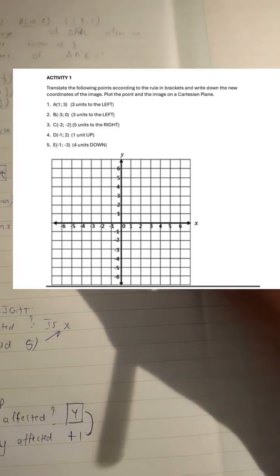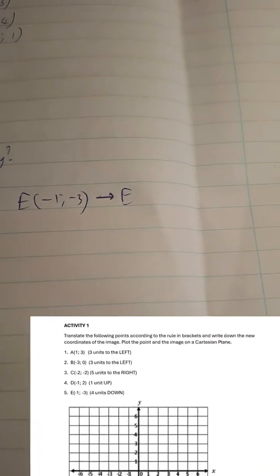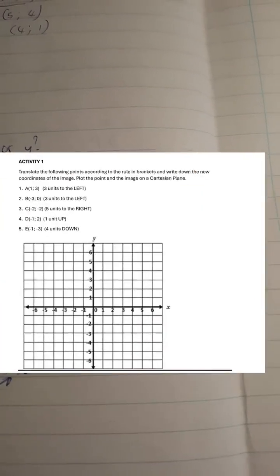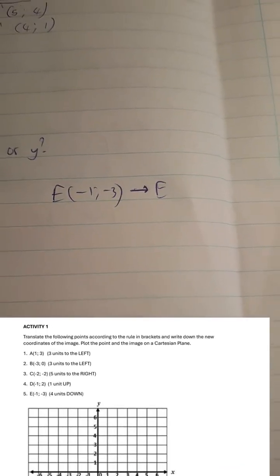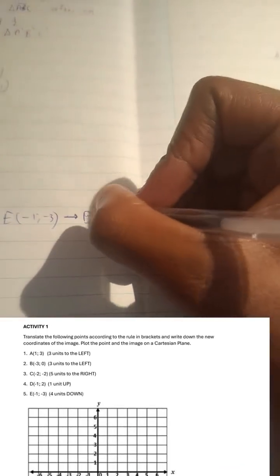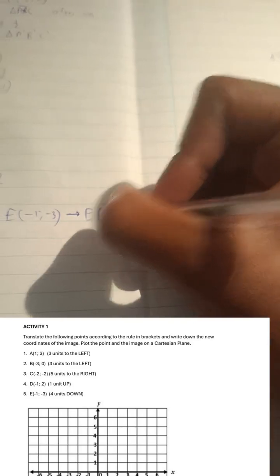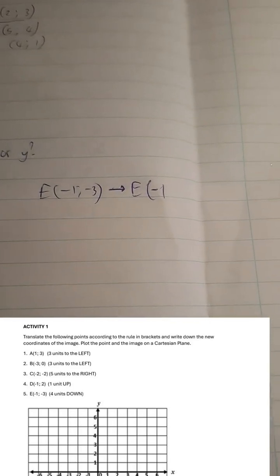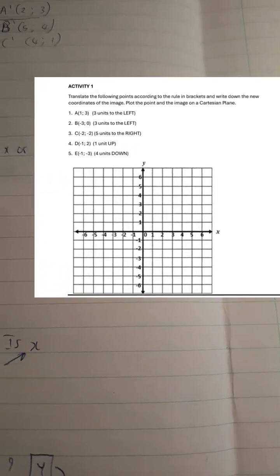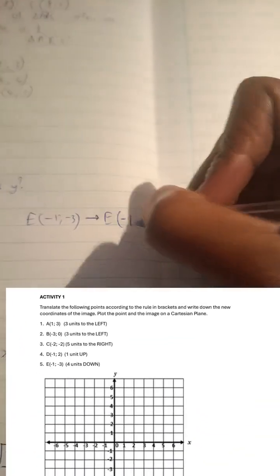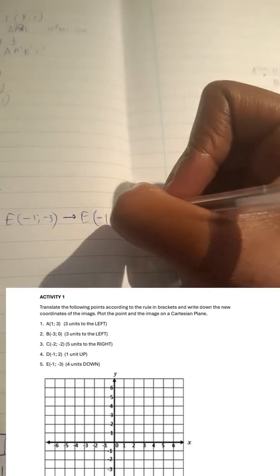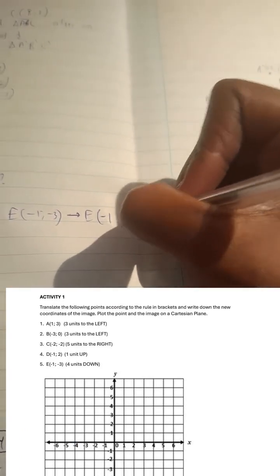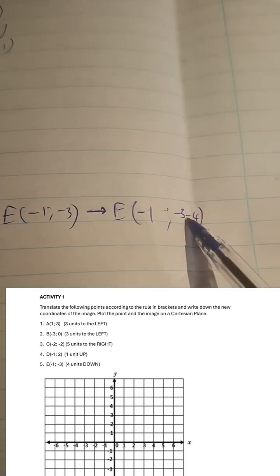So yes, let's just confirm if that is true and authentic. We have negative 1 and negative 3. So of course, since it says 4 units down, we are obviously going to affect y, but we are going to subtract 4 from y.